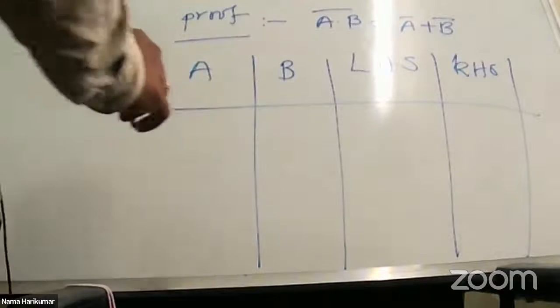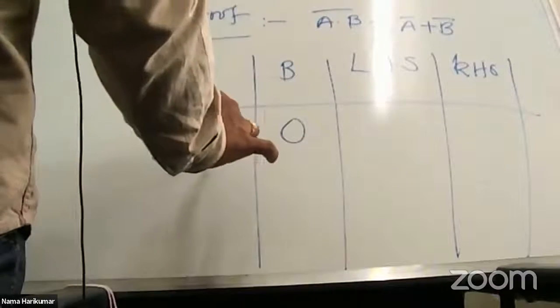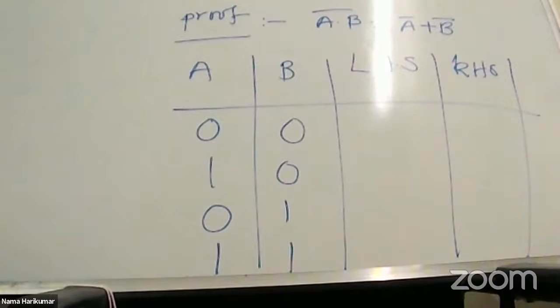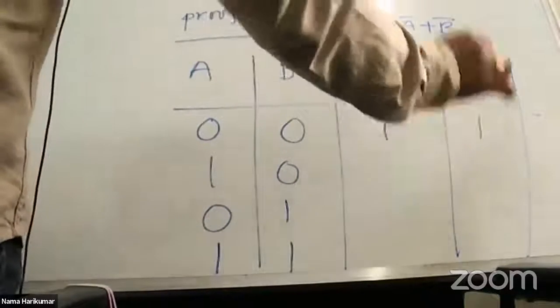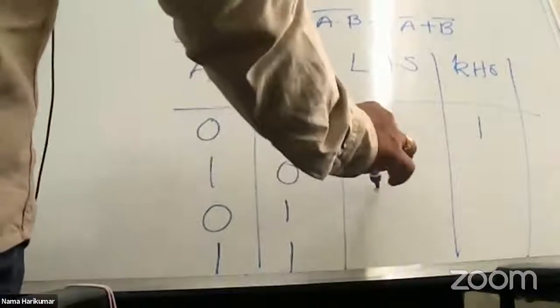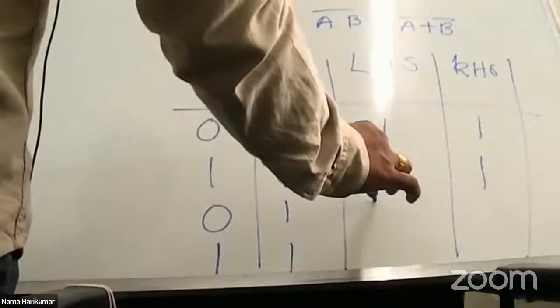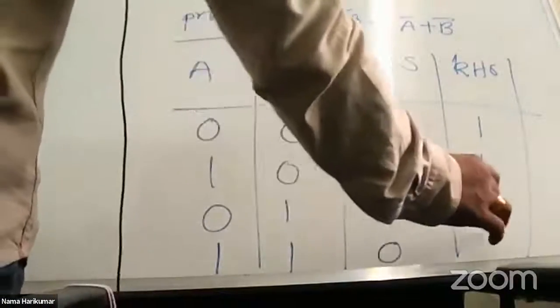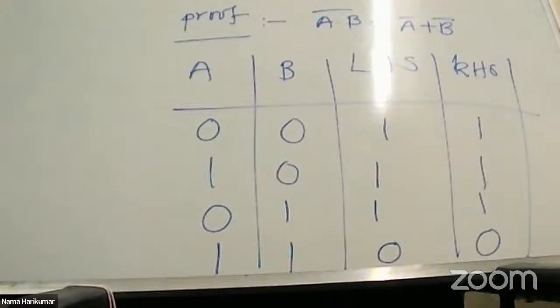The first one is 0, 0 and 1, 0 and 0, 1, these A and B values we put in the place of A and B. So first one is 0, 0 value, LHS is 1, RHS is 1. The 1, 0 gives 1, 1. So 0, 1 also we get the 1, 1 value. Finally, 1, 1 gives 0, 0.